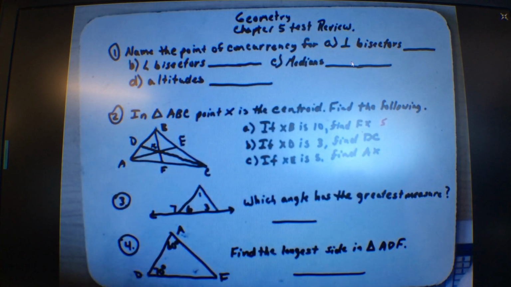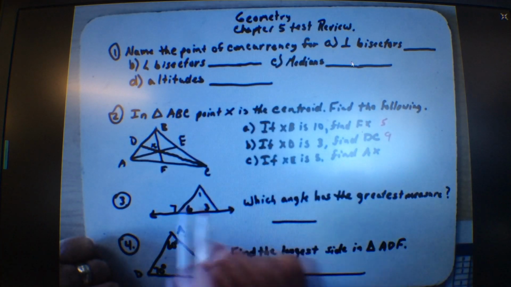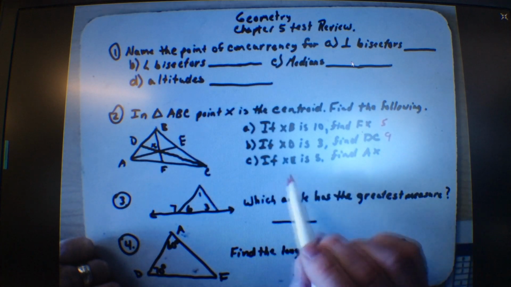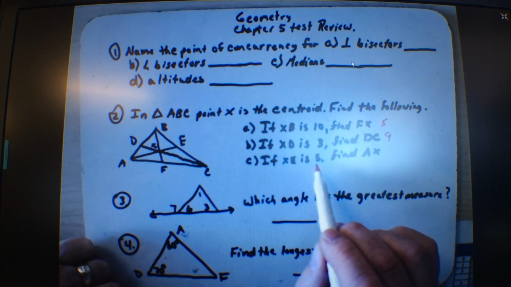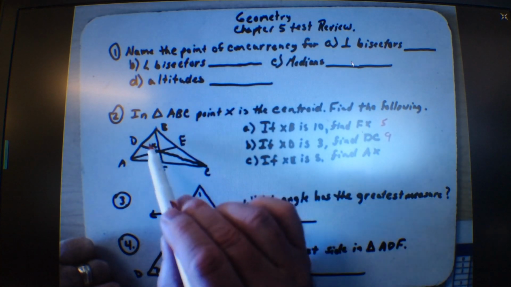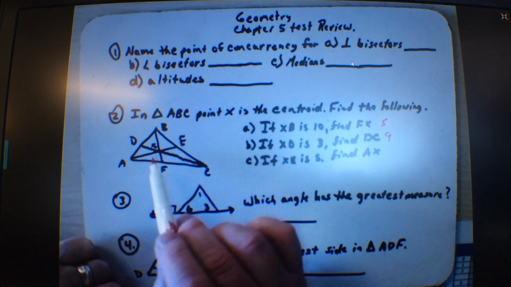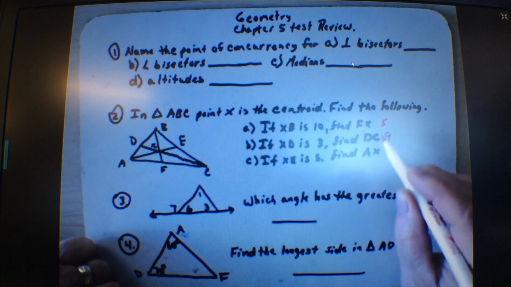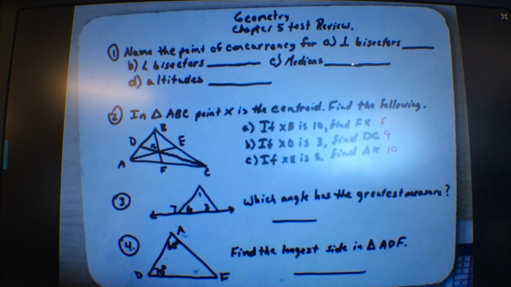The whole thing is 9? You sure? Yes. All right, so then how big is XC? Just X, okay. All right, so now if XE is 5, this is 5, how far is it AX? 10. Okay, we talked about that, same as this one, right? Okay.